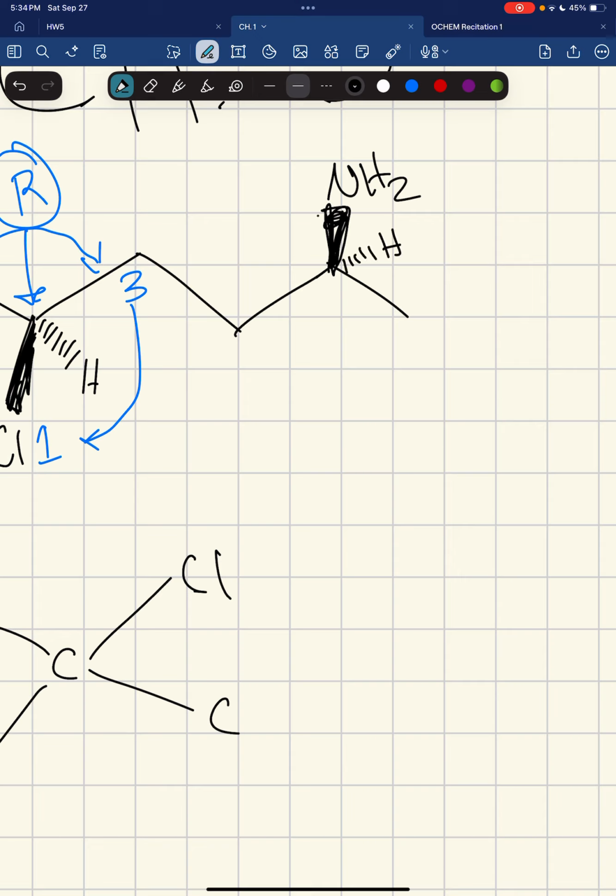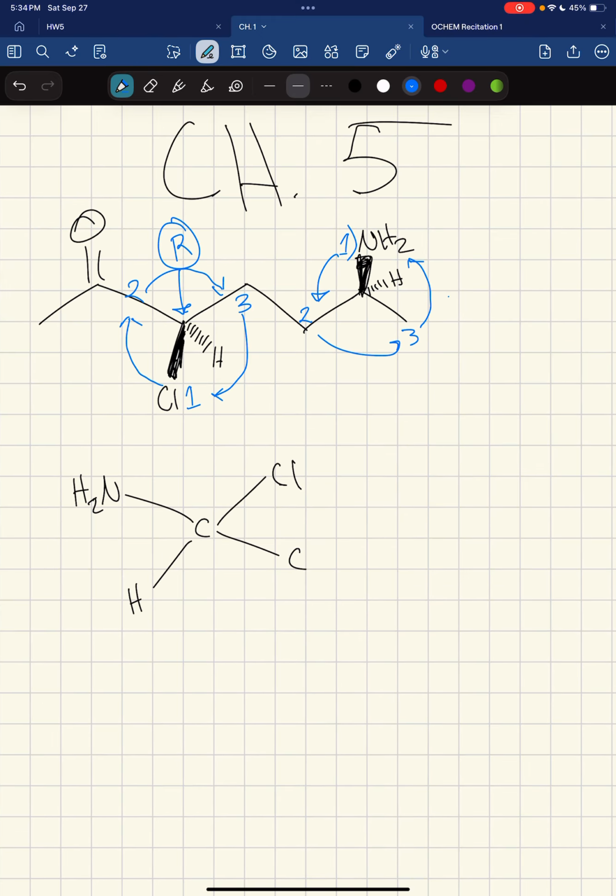Look at this, NH2 has the highest molecular mass compared to the CH3 or CH2, so this is number 1. CH3 versus CH2, which is bonded to another carbon: this is number 2, and then this is 3. So 1 to 2, 2 to 3, 3 to 1, and that's S, because it's going counterclockwise.